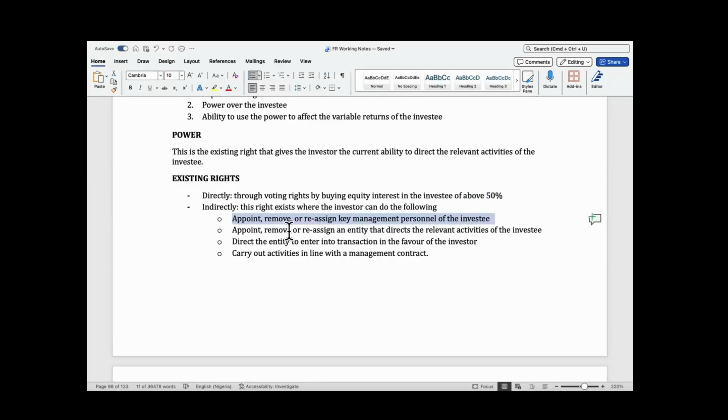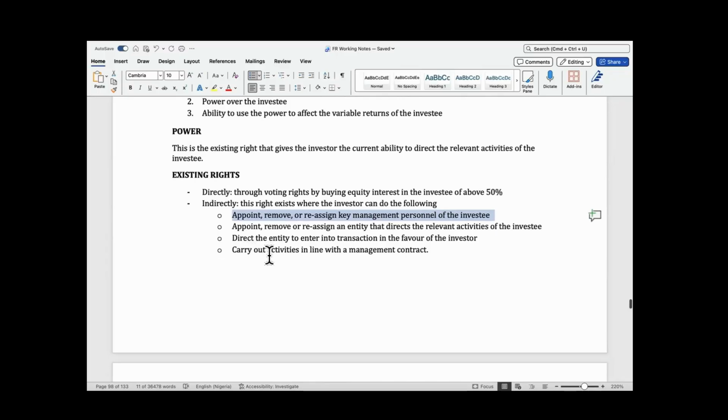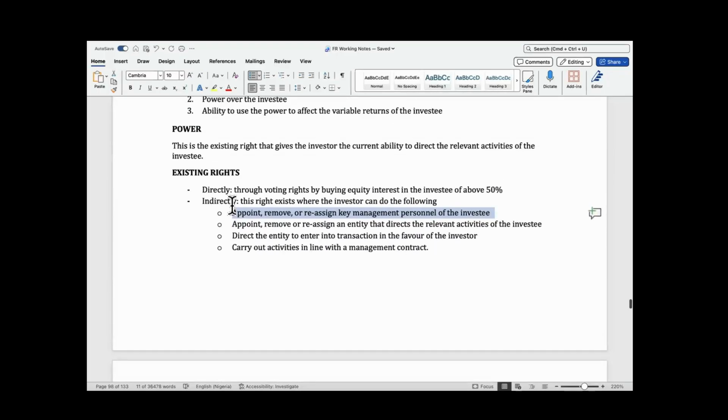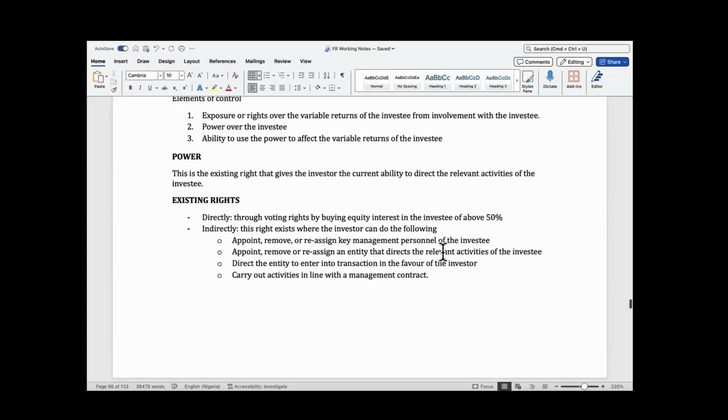You can appoint, remove, or reassign an entity that directs the relevant activities of the investee. Can direct the entity to enter into transaction in your favor, and you can carry out activities in line with a management contract. So when you can do any of the following, even if you don't have 50%, it shows that you have power, which shows that you have control over the investee.